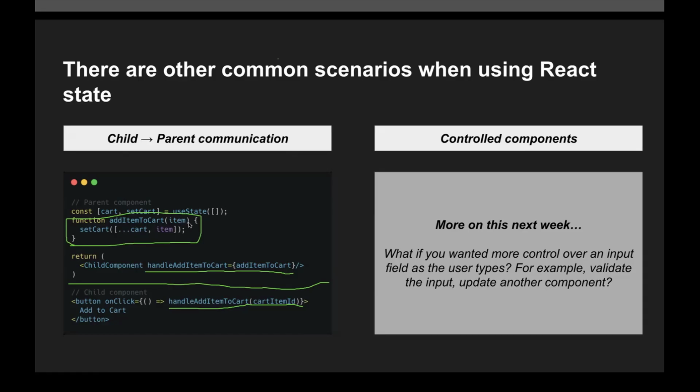But yeah, in this case, to your question, the way this works is you have setCart, and then you have to pass in the new value that we want. So we can just take the existing value of cart, stick this new item at the end of that, call it the new value, and send it through.